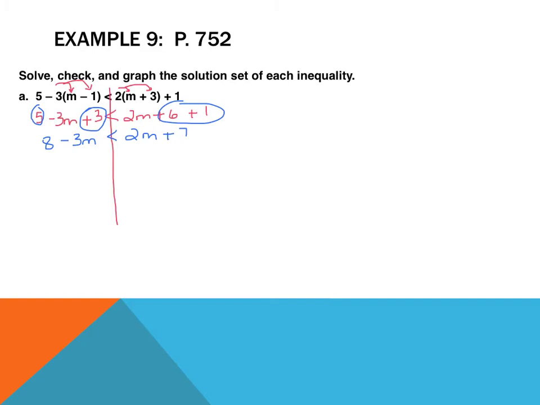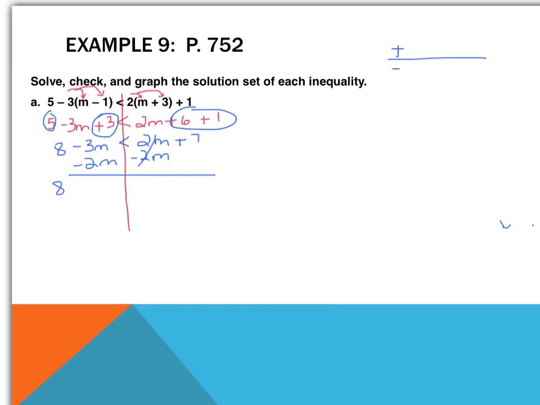Alright, so now we can cancel the m from the right side, so minus 2m on both sides. So that's 8, and then negative 3 minus 2 is negative 5m, and then bring down your plus 7.